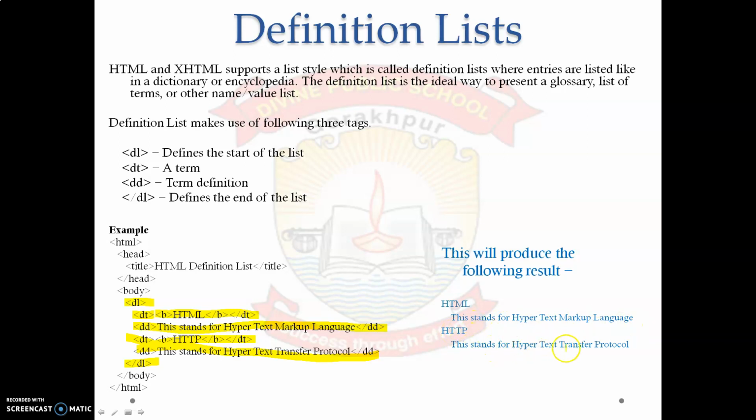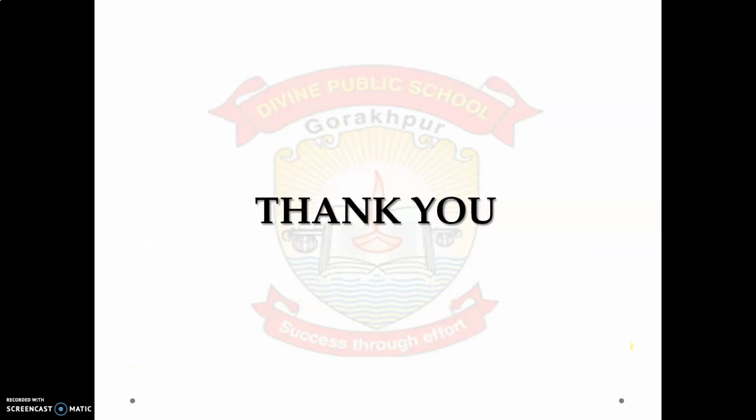HTTP, this stands for hypertext transfer protocol. Here we see this is the word and this is the meaning. Okay, this is the word and this one is the meaning. If we want to present our text like this, we can use the DD tag. Okay, thank you.